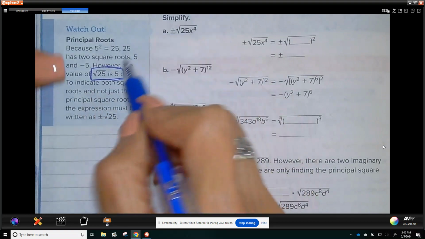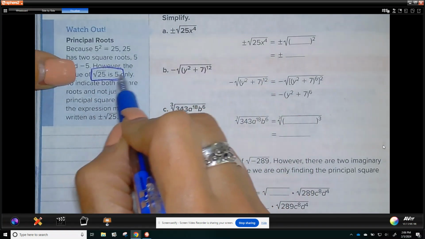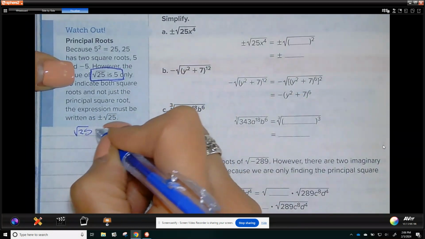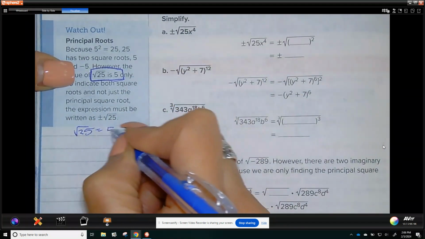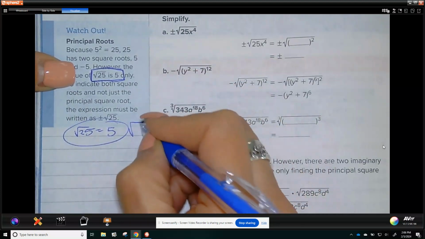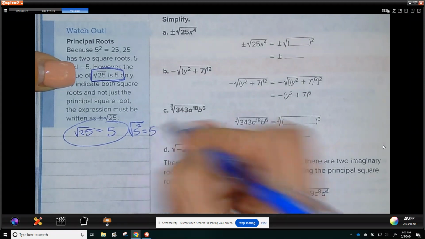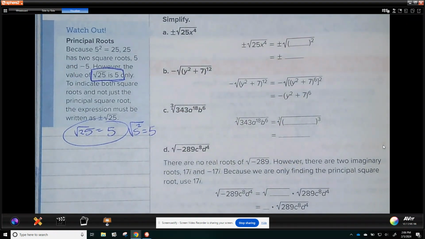This is a plus and minus thing, but right there, square root of 25 is 5. So if I take the square root of 25, the radical symbol goes away because it's the square root of 5 squared, and the radical symbol cancels. So there's no more radical symbol. I saw a few people have radical symbols in their answers. No, you're getting rid of the symbol.